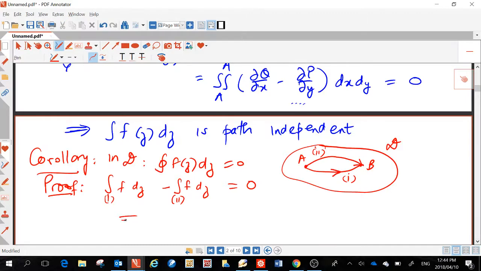Which implies that, because they give you the same answer, I'll just transfer this onto the left-hand side. You can think about it as the integral of f dz along 1 equals the integral of f dz along 2. That's what we mean: the path integrals give the same answers.